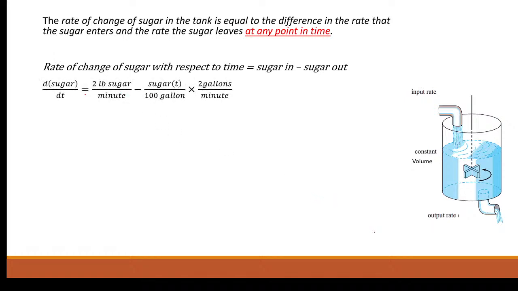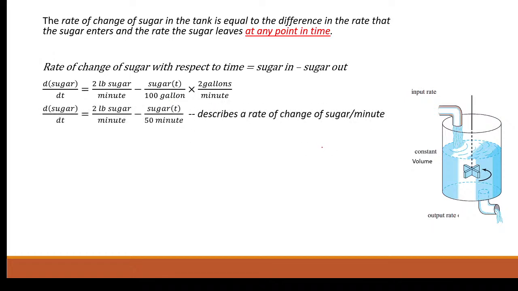The rate of change of sugar at time t is equal to the rate of sugar in, which is 2 pounds of sugar per minute, minus the sugar going out, which is constantly changing. This is a function of time t, per 100 gallons times 2 gallons per minute. Now this can be reduced a bit to describe the rate of change of the sugar.